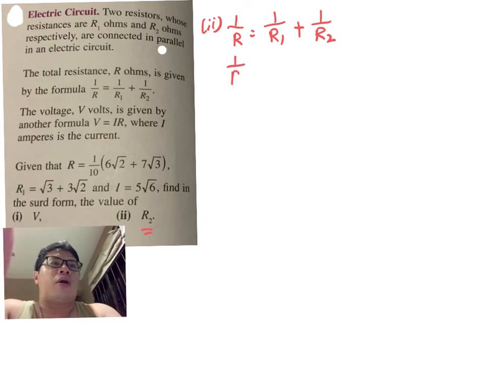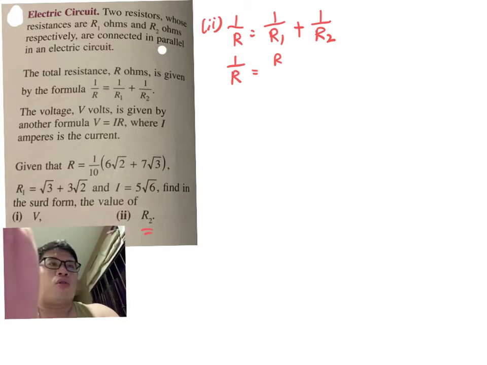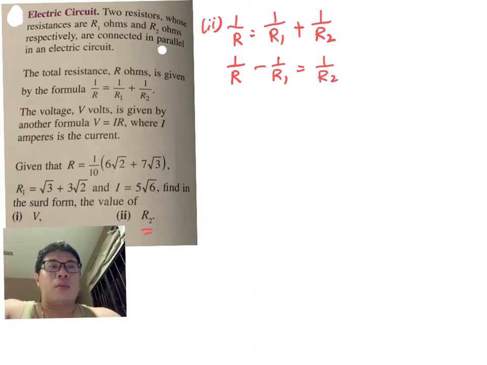So 1 over R, if I treat it like algebra, I combine it into one fraction before I go about solving it. If I bring my R1 to the left hand side, that's possible as well.